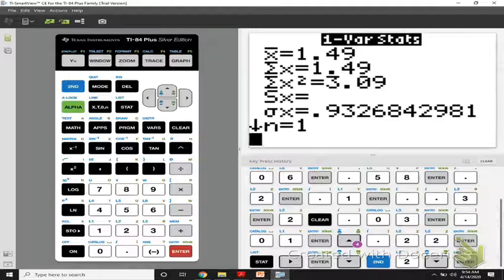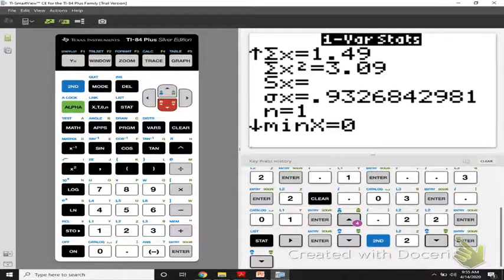Incidentally, if we wanted to look back up, we could have done this to calculate the mean earlier, right? Here's our mean. And if we go down a little further, we can see the standard deviation is, where are we here? I've got to get out of edit mode. 0.9326 is our standard deviation there.